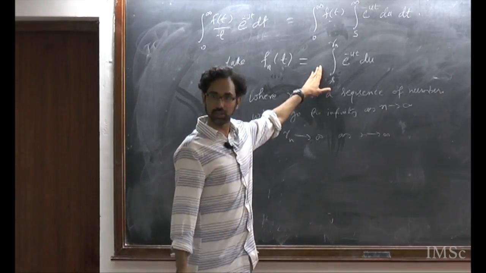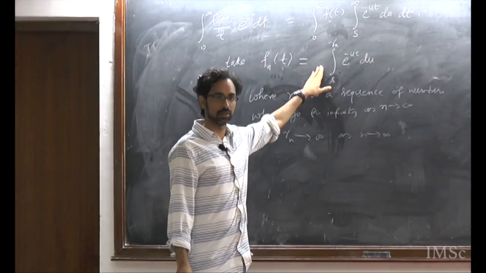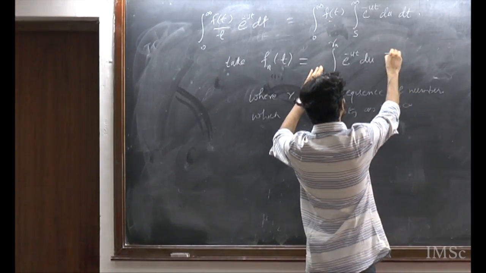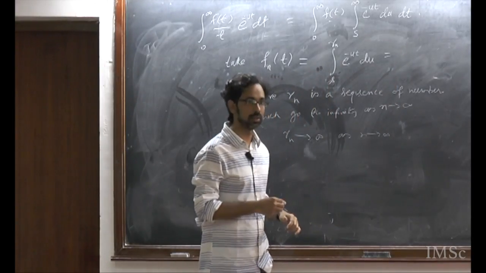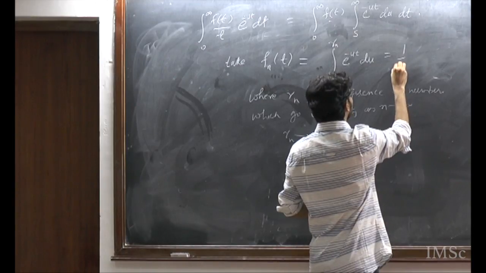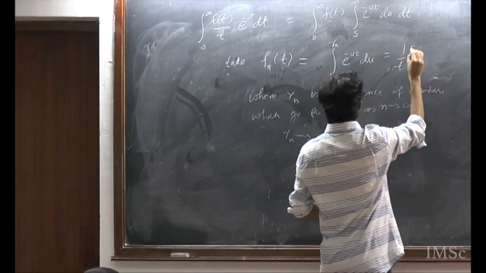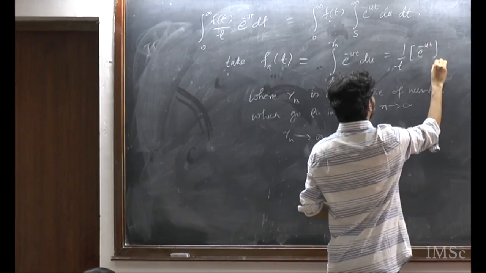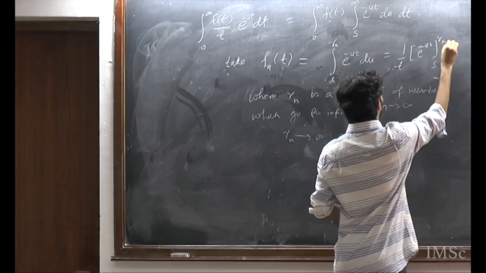Now this is an easy integral, isn't it? You can just write it down. What is it? One over minus t, e to the minus ut, from s to R_n.